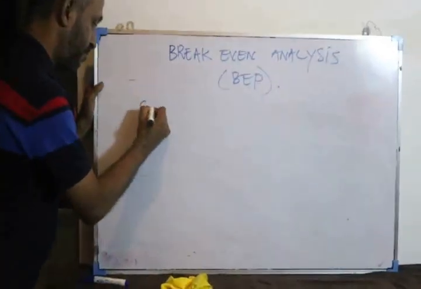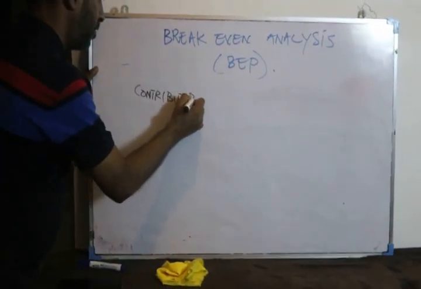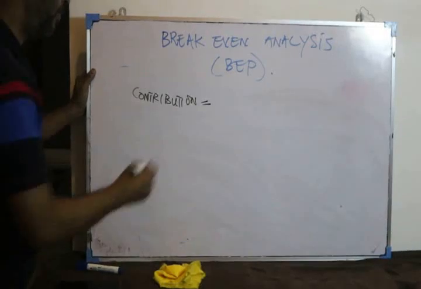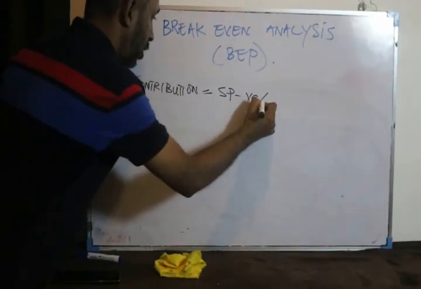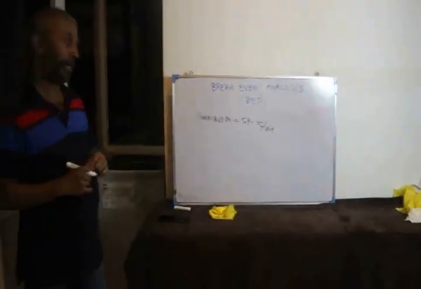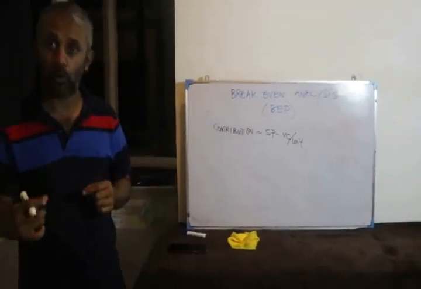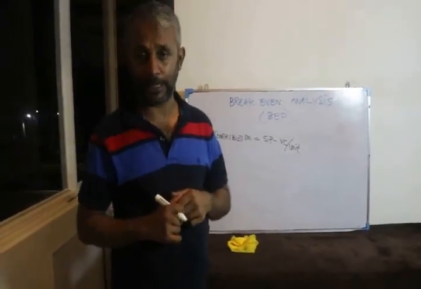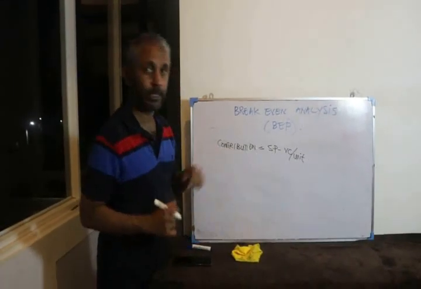Contribution is equal to selling price minus variable cost per unit. This is one formula. You can calculate the contribution on a single unit basis or a per unit basis. So that means selling price minus variable cost.